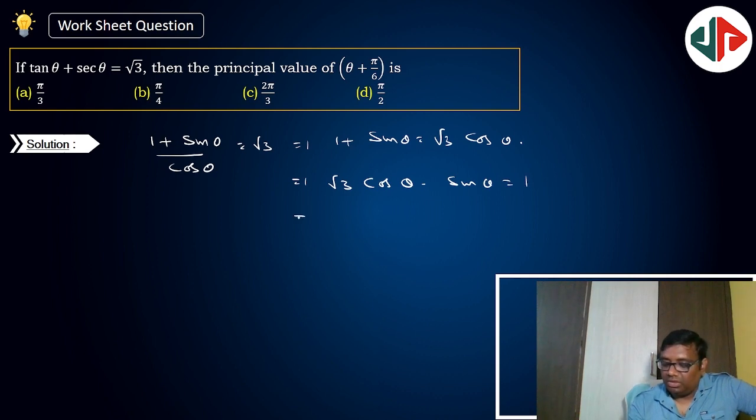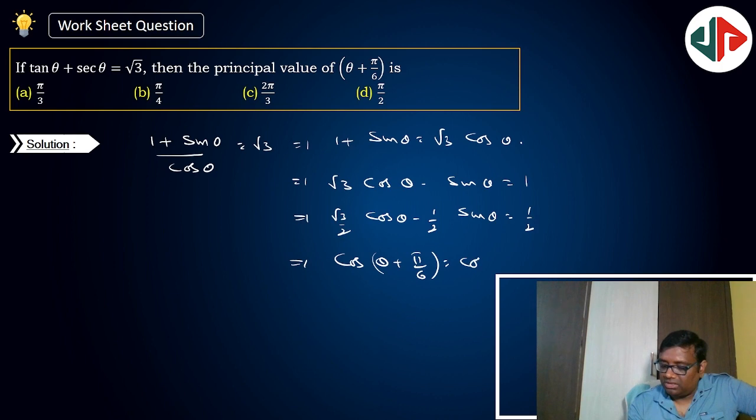If we simplify, root 3 by 2 times cos theta minus 1 by 2 times sin theta is equal to 1 by 2. So cos of theta plus pi by 6 is equal to cos of pi by 3. So theta is equal to 2n pi, theta plus pi by 6 is equal to pi by 3.